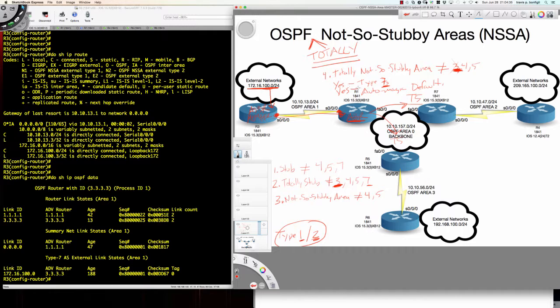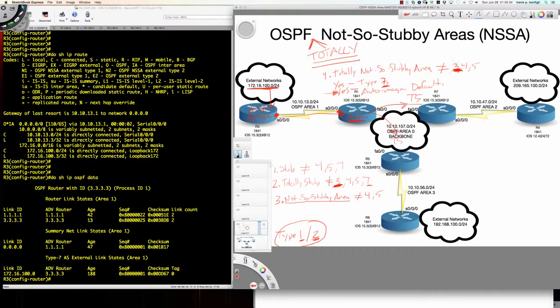The totally not-so-stubby area also automagically gives you a type 3 default route, right? Automatically puts it in there. Remember, with the not-so-stubby area, you don't get that default route automatically, right? You've got to put in the default-information originate statement in there. It does not show up automatically.